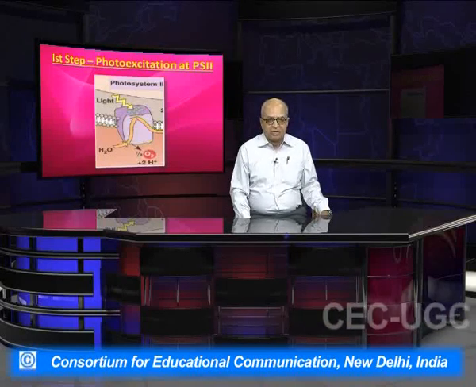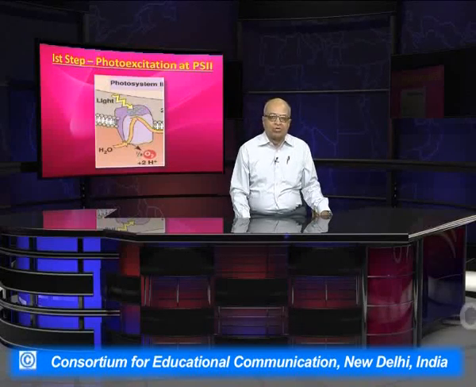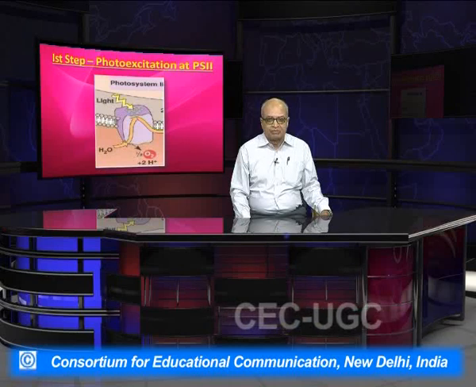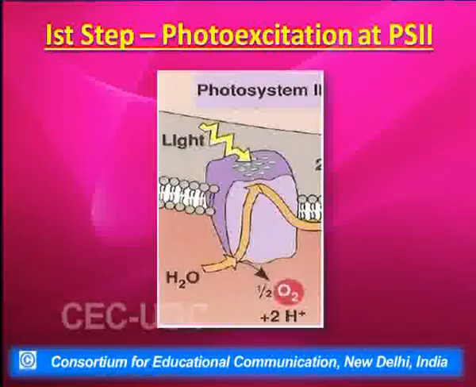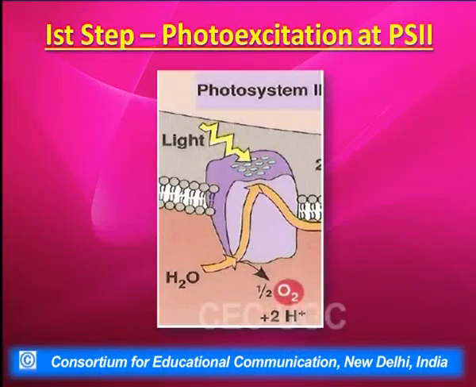Let us begin with the process of light reaction as to how the electrons start functioning. We have already learned that the photoexcitation has taken place, the funneling of the electrons through resonance transfer has taken place, and we find that the reaction center has already been activated.